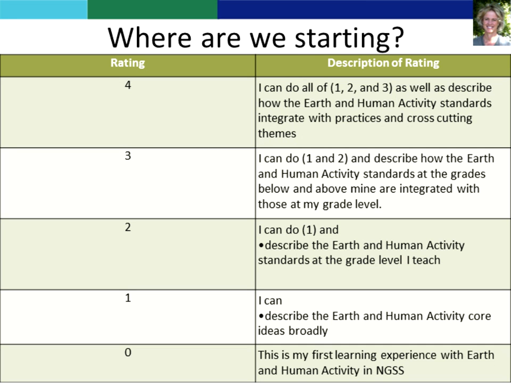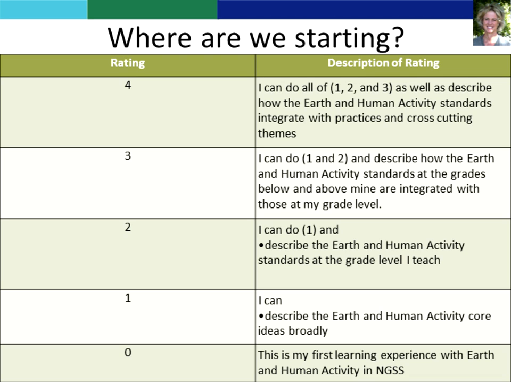Okay, so this is where you use your pencil that Bryn mentioned. I'd like you to do two things. One is to let us know where we're starting on this set of ideas. If this is your first learning experience with Earth and human activity ideas in NGSS, then mark down here at the top.